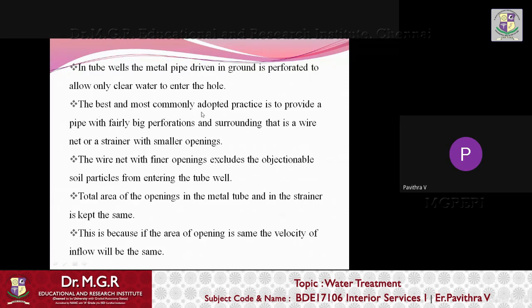The best and the most commonly adopted practice is to provide a pipe with a fairly big perforation, surrounded by a wire net or a strainer with a smaller opening. The wire net with a finer opening excludes the objectionable soil particles from entering the tube well. The total area of the opening in the metal tube and in the strainer is kept the same.